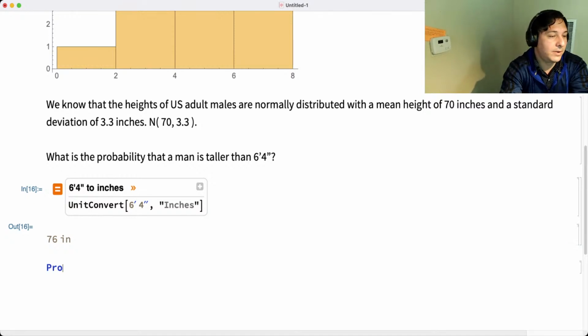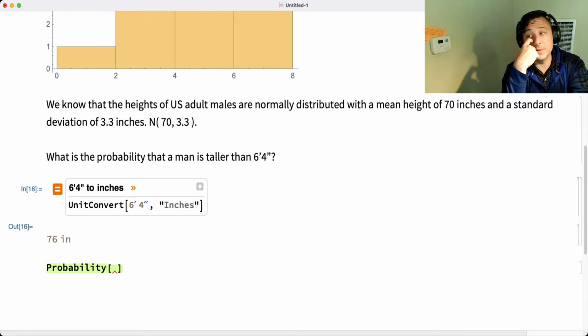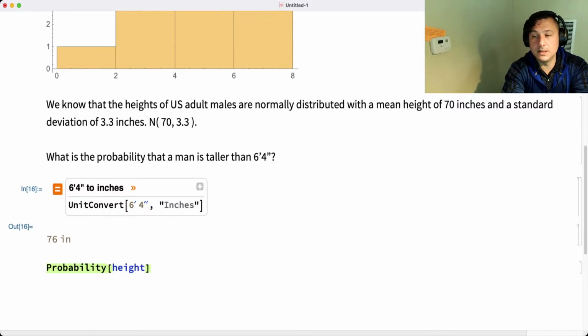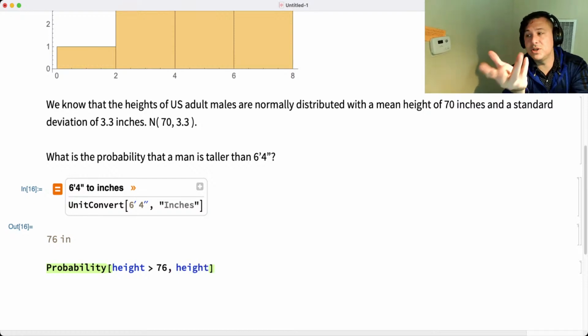We can say probability. Okay, because we're talking about how tall someone is, why don't we use the variable height? So we want to know the probability that someone's height is greater than 76 inches. You put a comma. Now you have to tell Wolfram what distribution height follows.